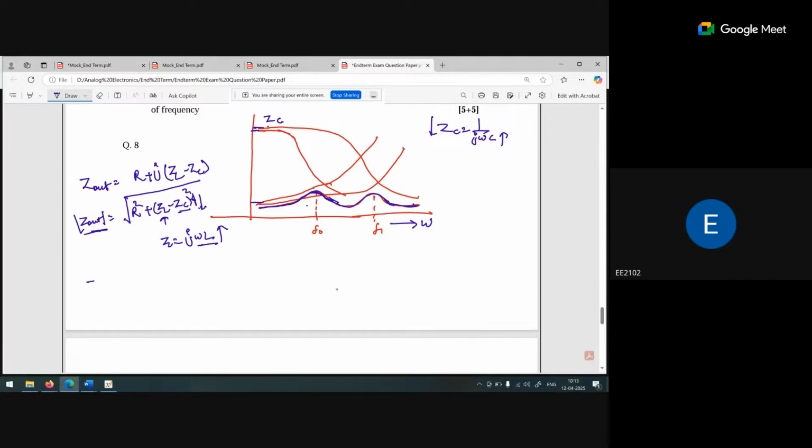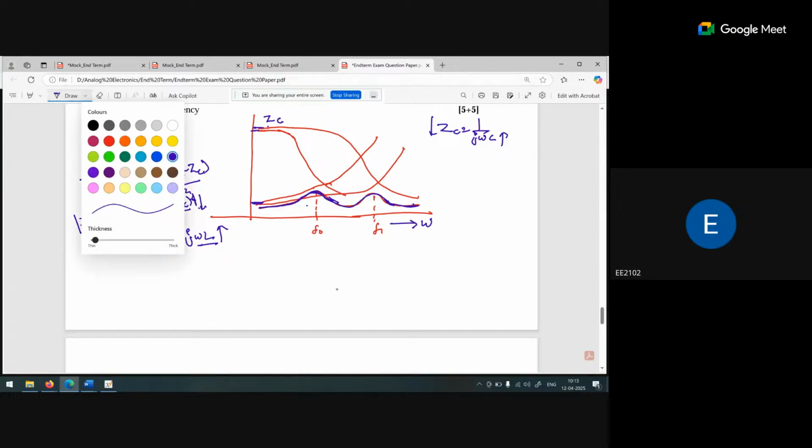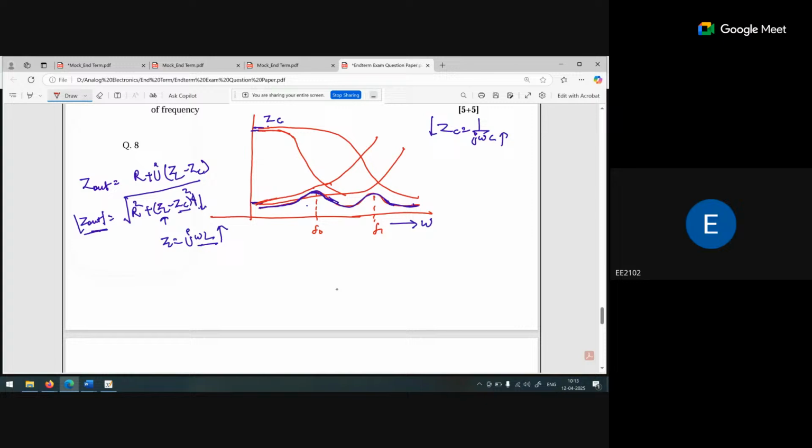We are saying the Z out is when ZC is infinite. This particular red graph, I think, is ZL. This one is ZL.